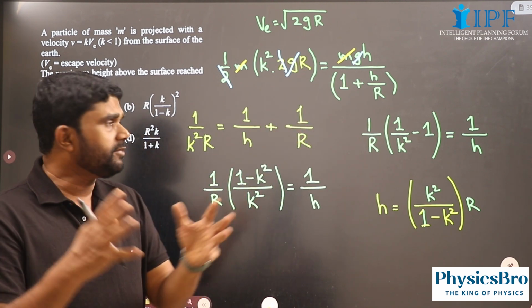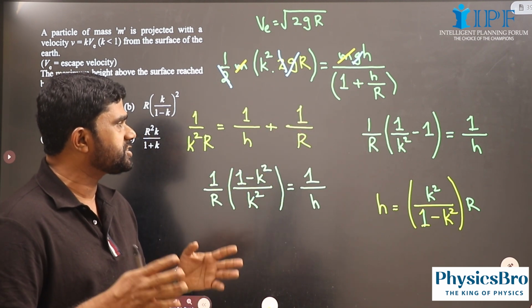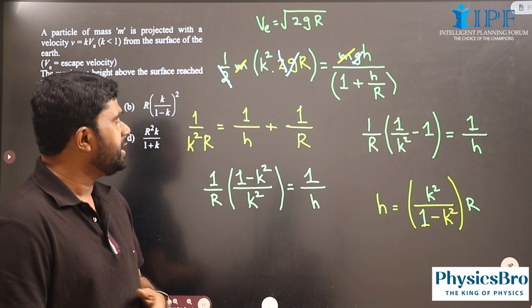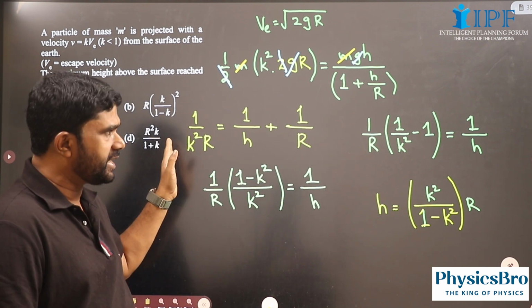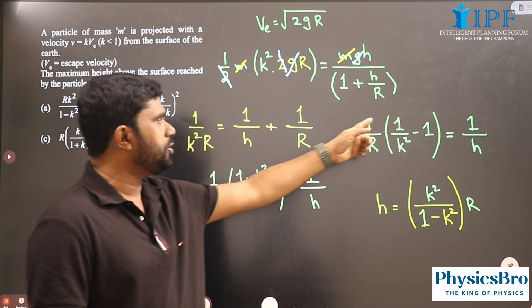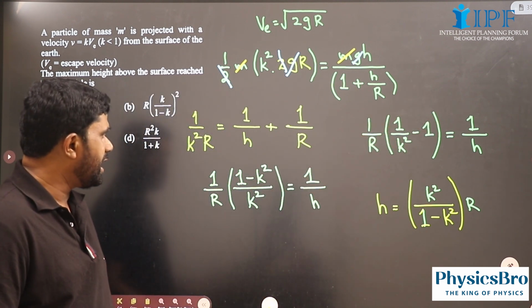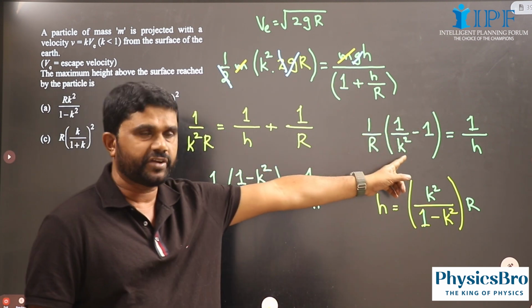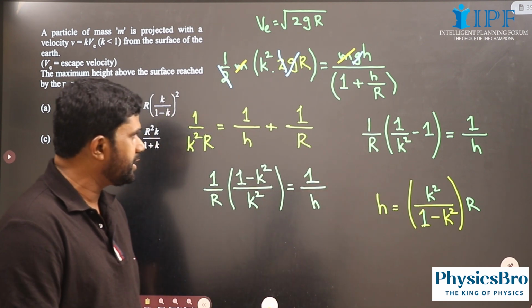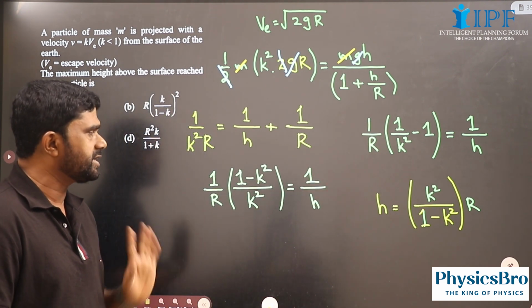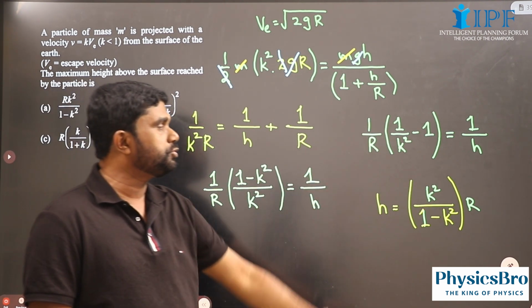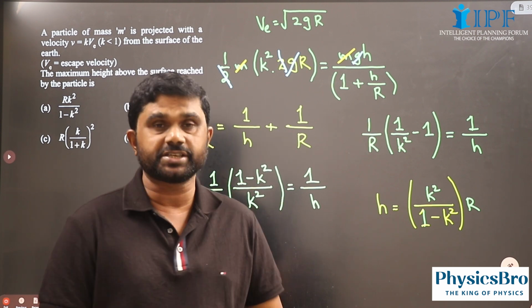And here we have to find the expression for h. Take this 1 by r to the left side. So 1 by r into 1 by k square minus 1 is equal to 1 by h. When you simplify the quantity inside the bracket, you will get 1 minus k square by k square, and h will be k square divided by 1 minus k square, into r.